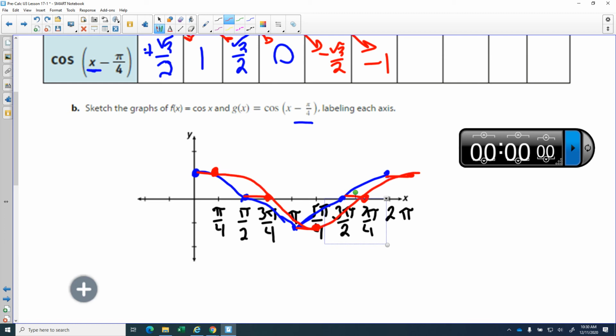Now, my new graph physically looks like that in red, because it's moving to the right over that value. Understand now, the period still hasn't changed. It still takes 2 pi to go from start to finish here. The only difference now is that I'm starting at pi over 4 versus the original start that was at 0. So it's literally just shifting that value to the right.